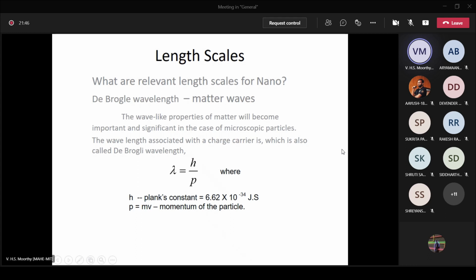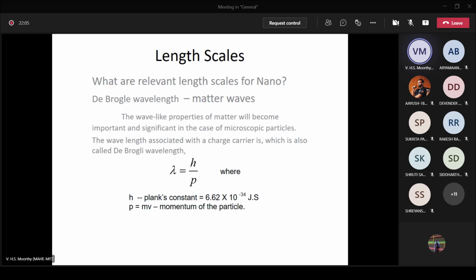Some type of discreteness will come into play in the energy levels or group of energy levels of the nanomaterial. When it slowly comes into discreteness, quantum mechanical property will come into play.